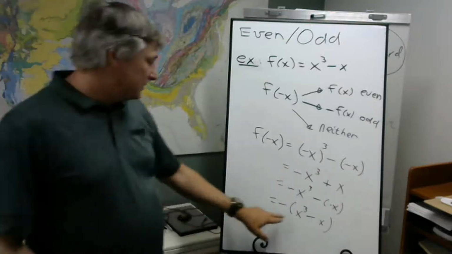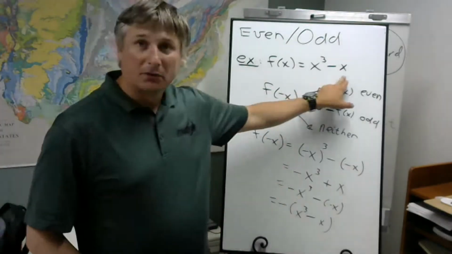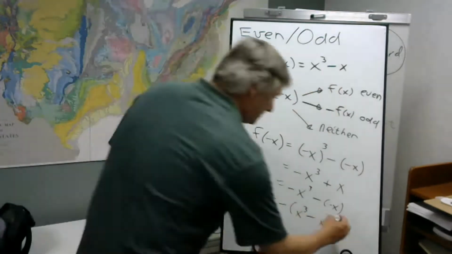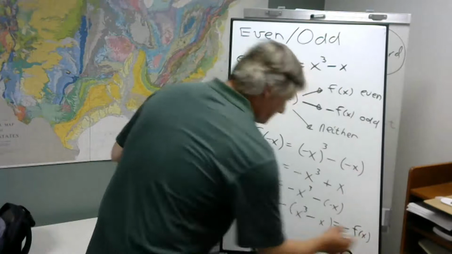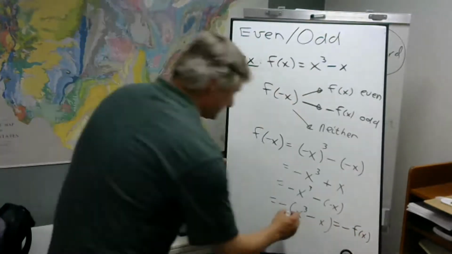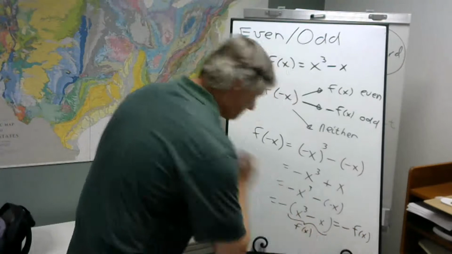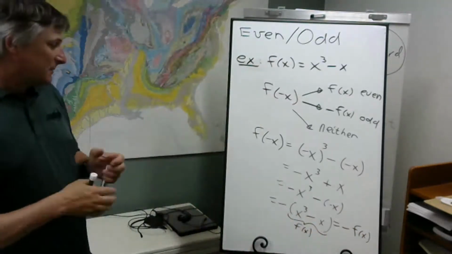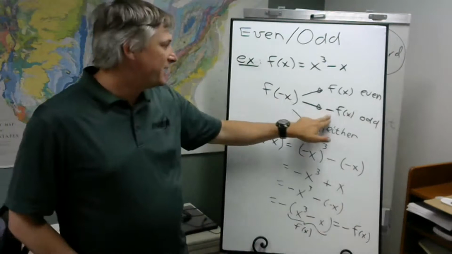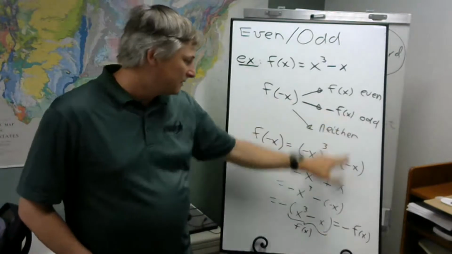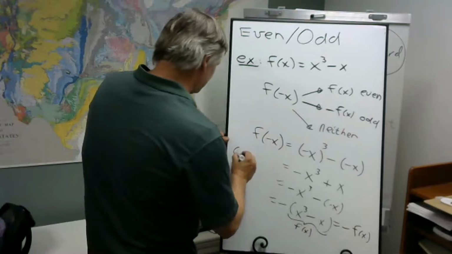And if we look at this, this part here is our f of x. So what that means, we have negative f of x. This here, that's familiar. So what this says, if we have f of negative x, and it gives us negative times f of x, that means odd. So this is an odd function.